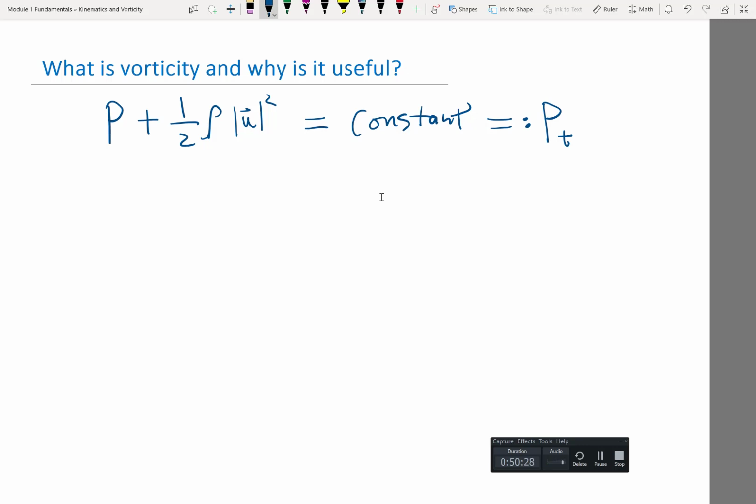It's a steady flow, which means if you fix a spatial location, the velocity and density and everything is not going to change. But if you follow a flow particle, it is of course going to change because it's accelerating. So in that scenario, the stagnation pressure is constant along a streamline, just along a streamline.